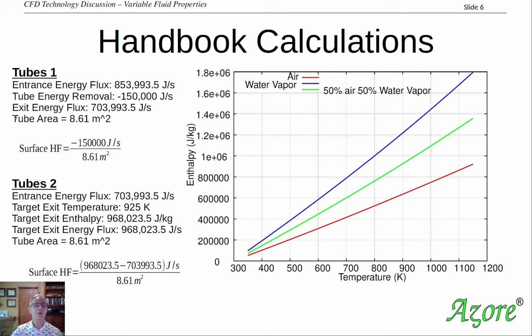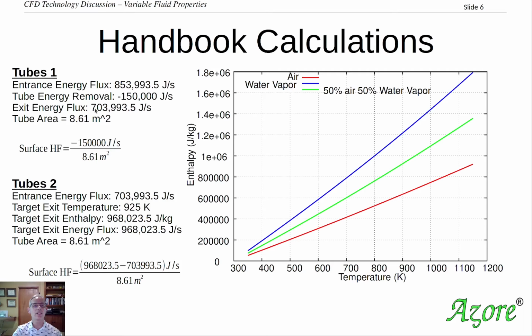We can also look in our model at the total surface area of the tubes. For this example, we're just going to assume that the energy is removed uniformly off of each tube. Therefore, if we know the area and the joules per second, we can simply divide our total heat flux by our area, and we come up with a surface heat flux that we would apply to the tubes.